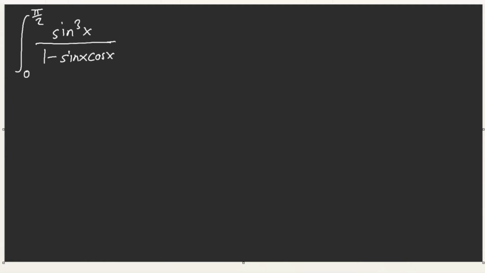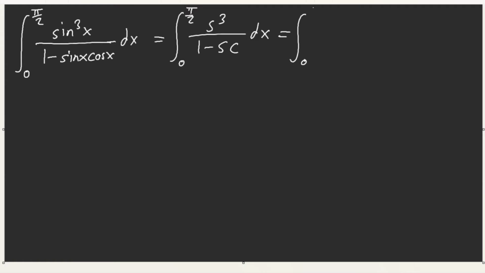Okay, I see a bunch of sines and cosines. And then I see 0 to pi over 2. So, let's go ahead and abbreviate this. On my sine cosine. Then this, by Queen's rule, is equal to cosine cube.